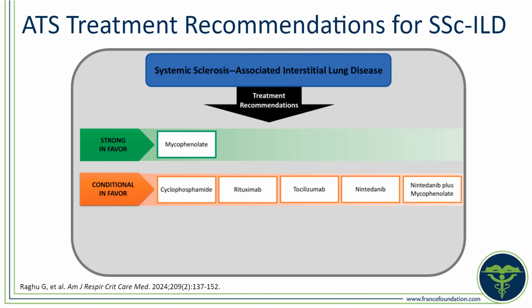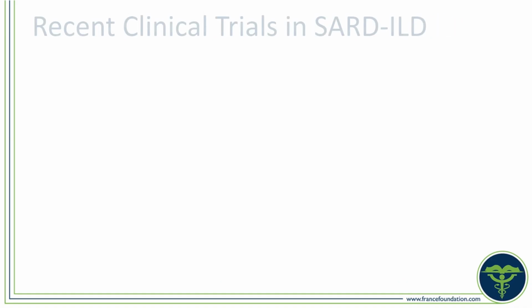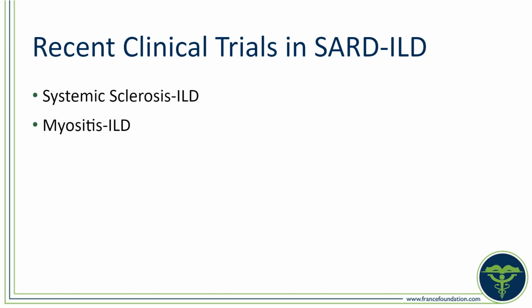Additionally, some research recommendations include pirfenidone and then pirfenidone in combination with mycophenolate. In the next few slides, we'll review the recent clinical trials in SARD ILD. We'll first review some of the trials in systemic sclerosis ILD, then talk a little bit about myositis ILD, and finally close with RA ILD.